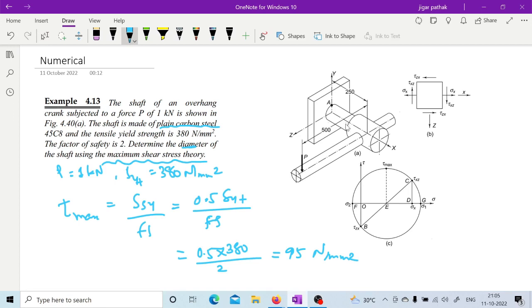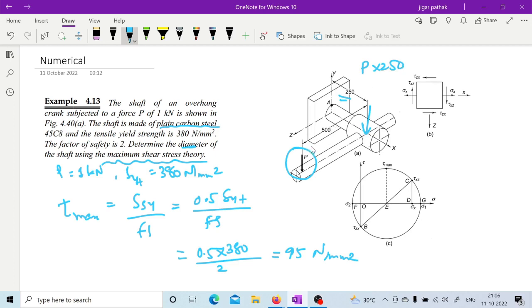So what is the bending moment here? If you consider this particular force acting at this point, then it will generate a bending moment of P into this distance, P into 250.